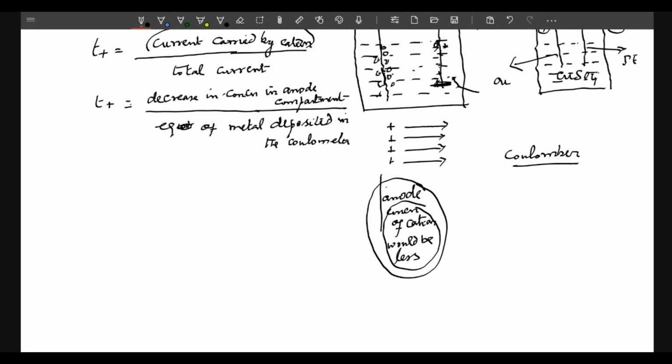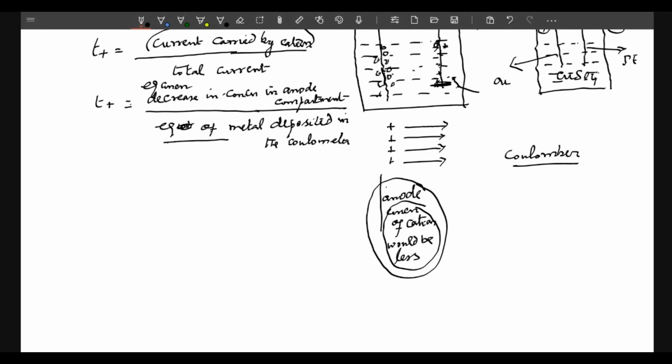Here the cation you used may be different. Therefore, if different metal ions are used, you have to find the decrease in the equivalent concentration. You should express the decrease in the equivalent concentration and the equivalents of the metal deposited, if the metal ions in the numerator and denominator are different.